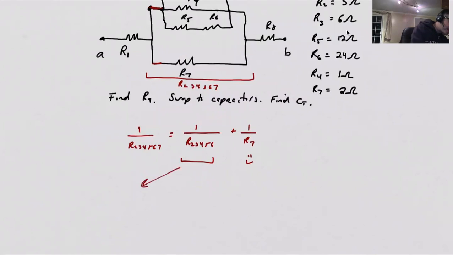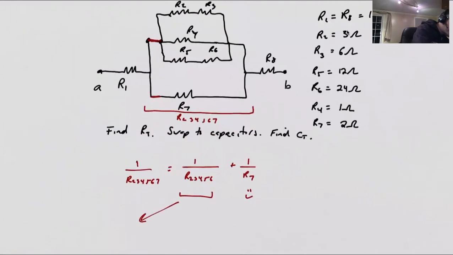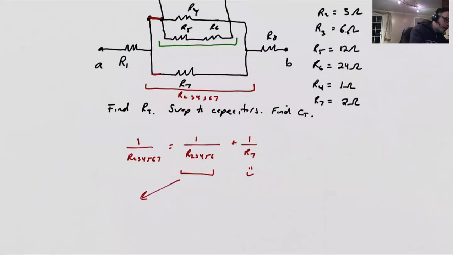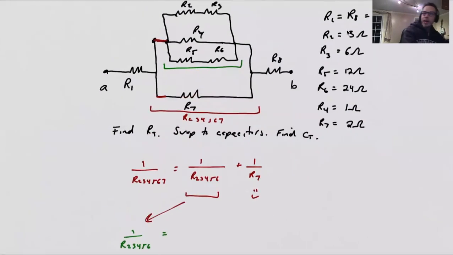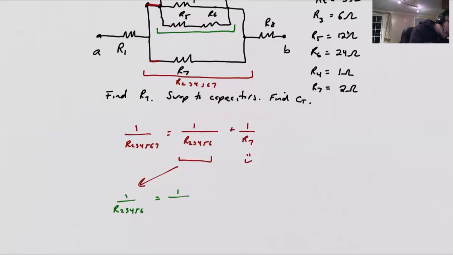This one, let's do it in a different color, the green segment. 1 over R2, 3, 4, 5, 6 is 3 branches in parallel: 1 over R2, 3, plus 1 over R4, plus 1 over R5, 6.